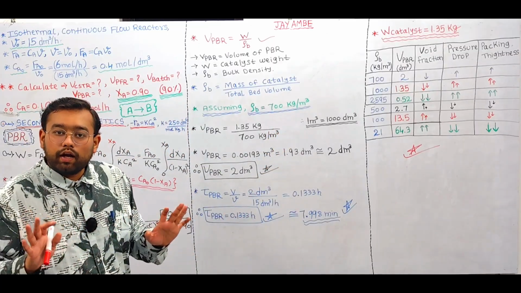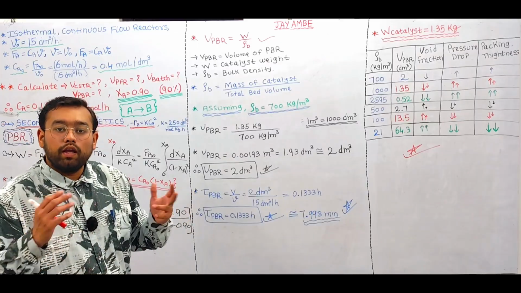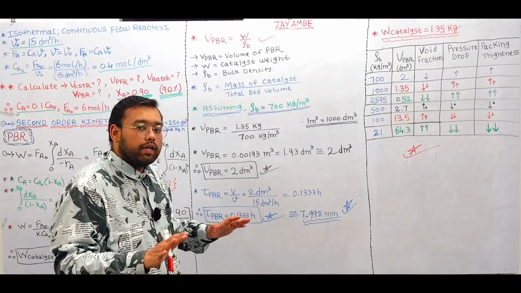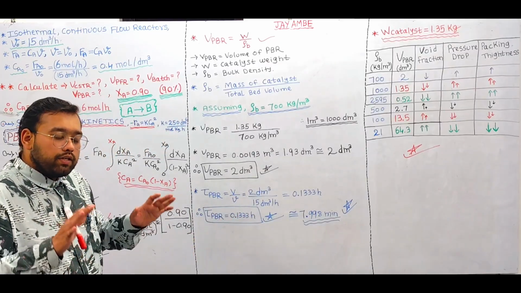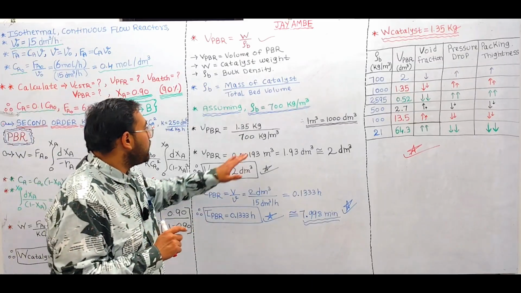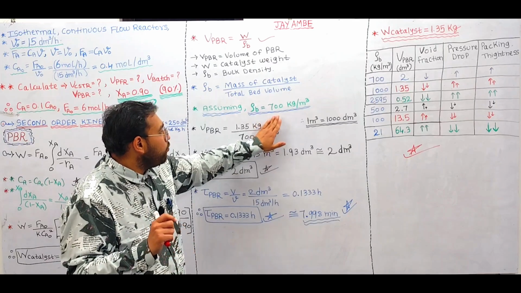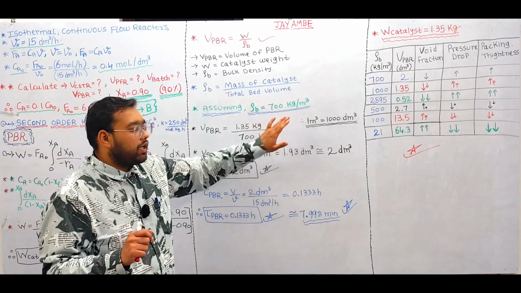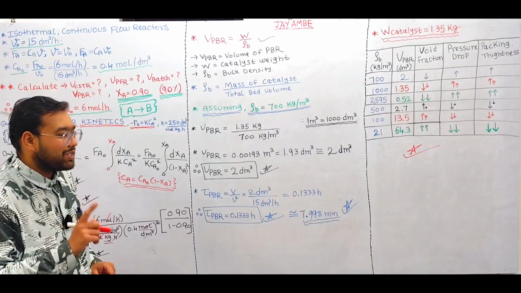The bulk density may vary. So for our initial calculations, for our initial design of the volume of the packed bed reactor, I am assuming the bulk density of the catalyst bed to be 700 kg per meter cube. I hope you have understood, right?